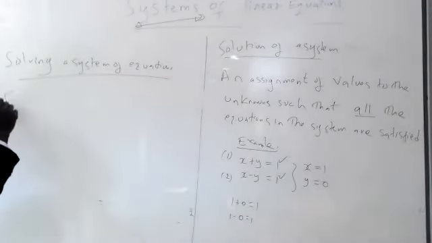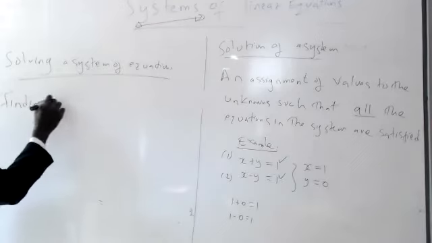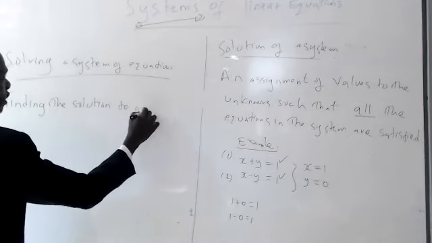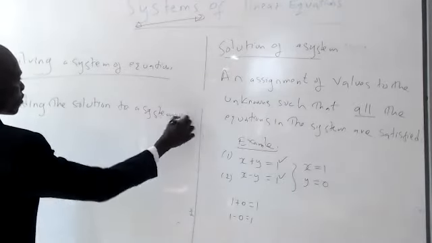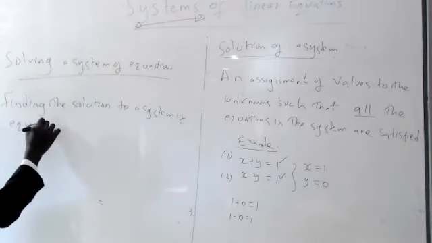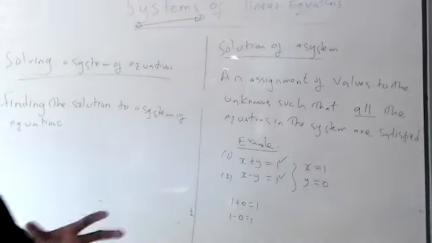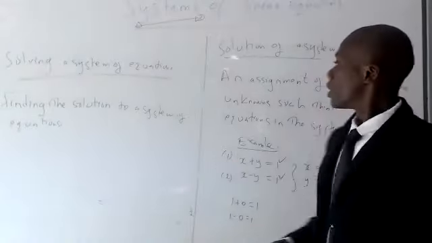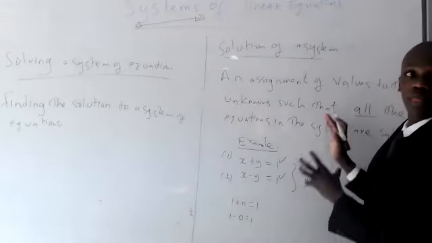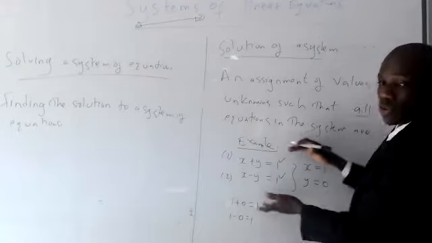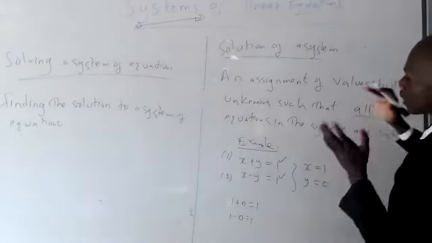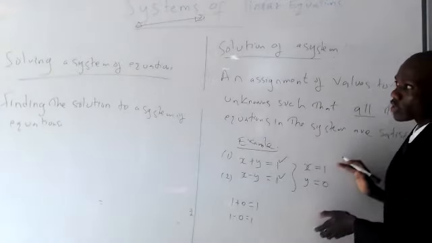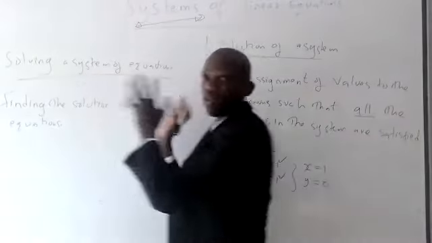This simply means finding a solution to a system of equations. So we've said a system is simply this set of equations in the same unknown variables. Now the solution will be the set of values for which all the equations in the system are satisfied. So this process of finding the set of values, or assigning values to these unknowns such that all these equations are satisfied, is what we refer to as solving a system of equations.